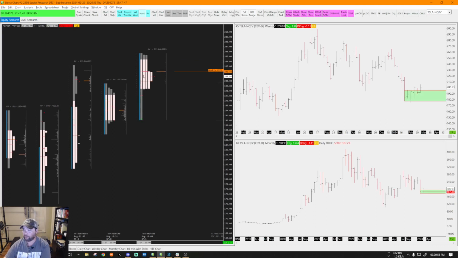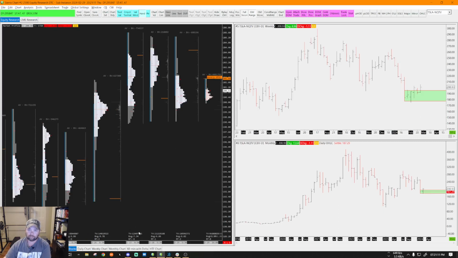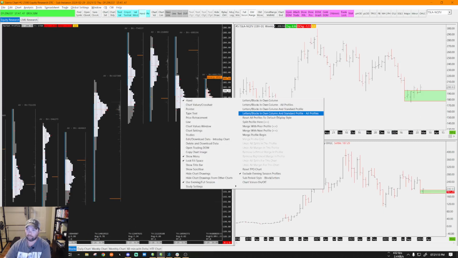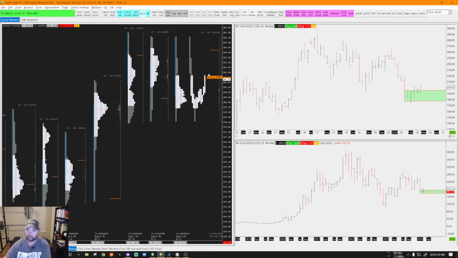So now Tesla. So at Tesla's this balance area. We have a bigger balance on Tesla as well. We have long liquidation on Tesla today. This looks very similar to Apple. So that's the same thing.